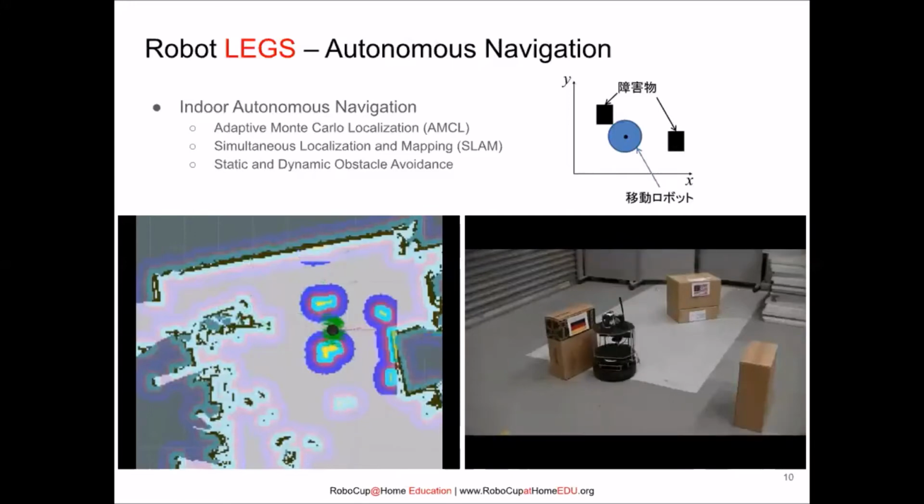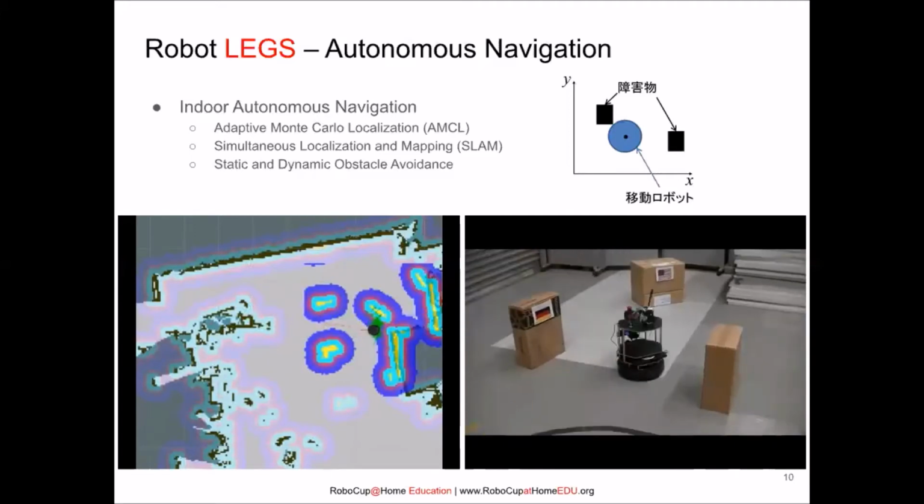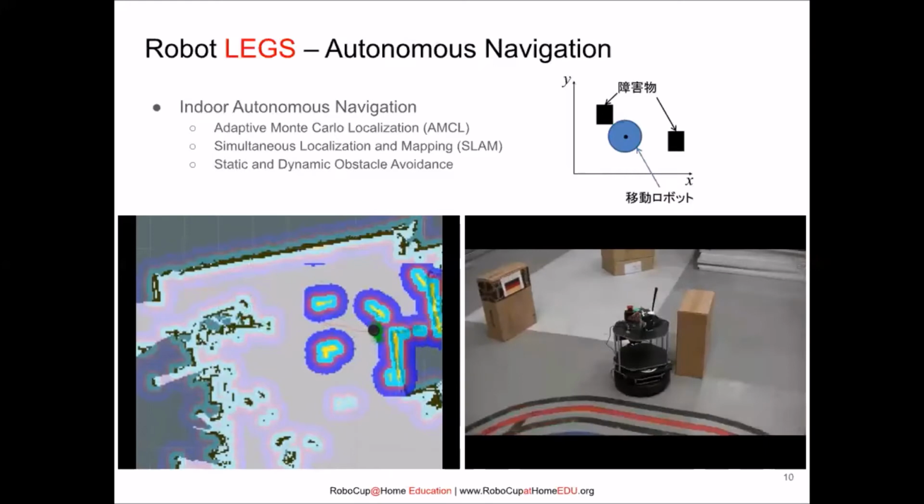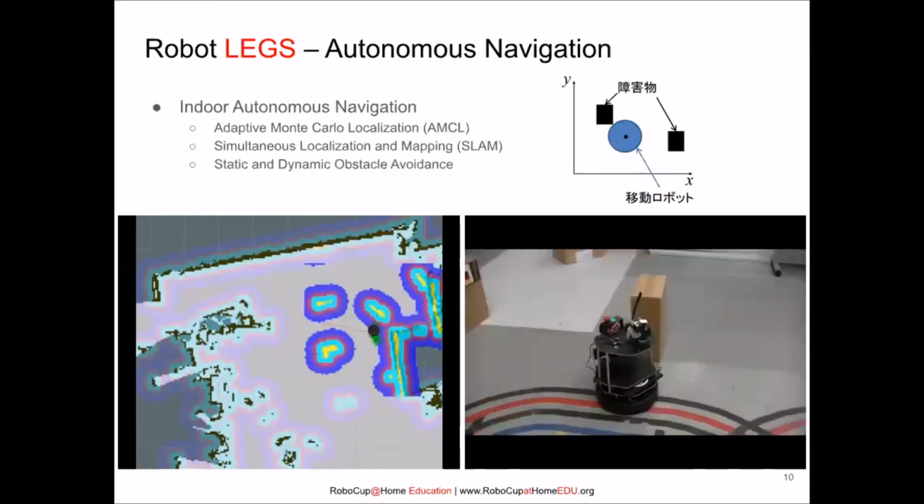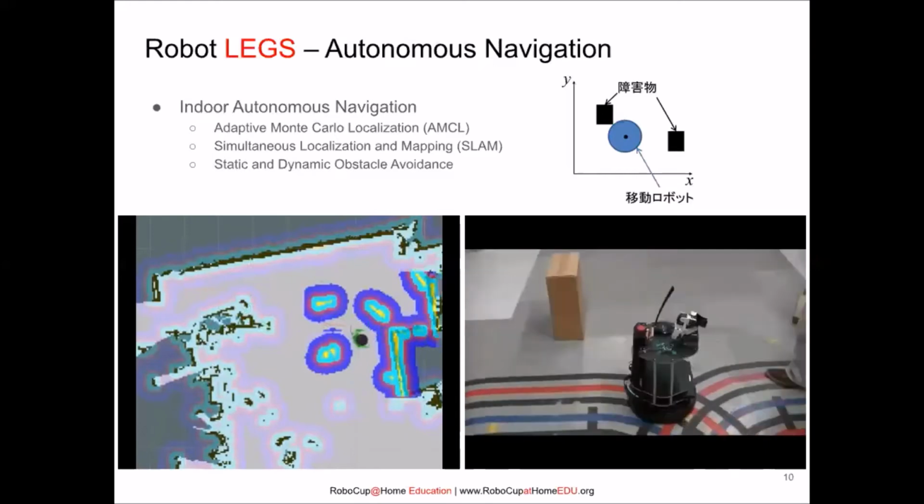So autonomous navigation and also obstacle avoidance in real time for static and dynamic obstacles are all techniques that are very important for the robot to move around safely in your environment. And these features are very important for a service robot to operate in any environment, for example, house, hospital, station, retail, supermarket, and so on.